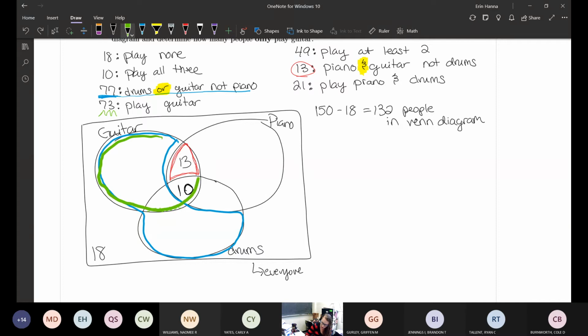It says that they play guitar in general. So it could be anywhere in that guitar circle at all. They could be just guitar, they could play guitar and piano, guitar and drums, or guitar, piano, and drums. The only way they could specify that they only play guitar is if they literally say they only play guitar. But since they play guitar, they can play guitar with any other instrument, maybe none of them.